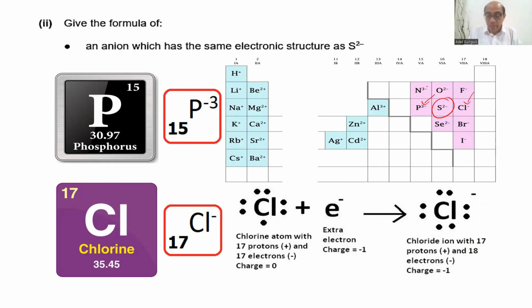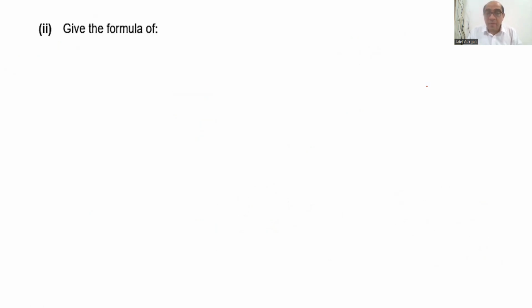What about giving the formula of a cation? Cation means cathode-lover. Cathode means the negative pole of an electrolytic cell or battery, for example. Here we search for an ion carrying a positive charge with the total number of electrons equal to 18, like sulfide.